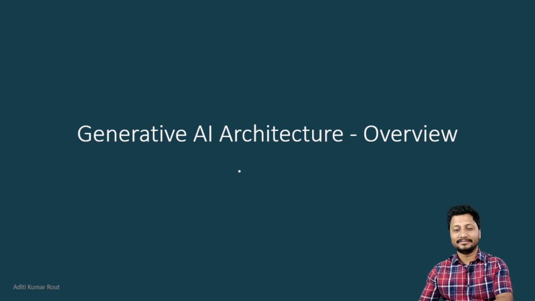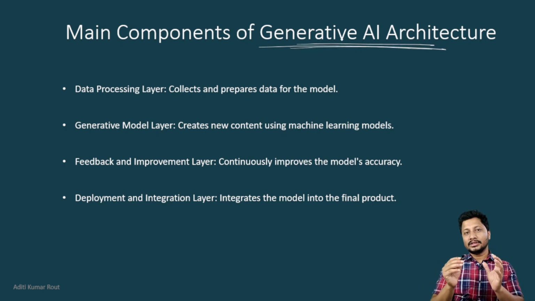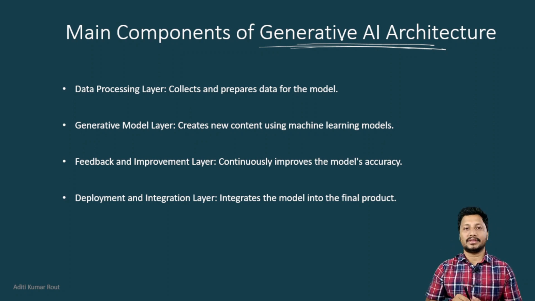Let's start. If I am talking about generative AI architecture, that means this is the architecture of any smart system or tool where we are imputing the generative AI concept, or using generative AI modeling behind that particular tool or smart system.